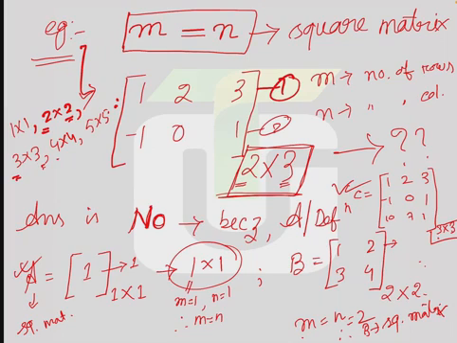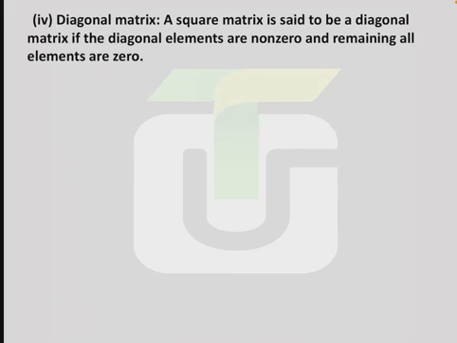The number of rows and number of columns have to be the same, then a matrix is called a square matrix. Okay, so 1 by 1, 2 by 2, 3 by 3, 4 by 4 matrices are called a square matrix.